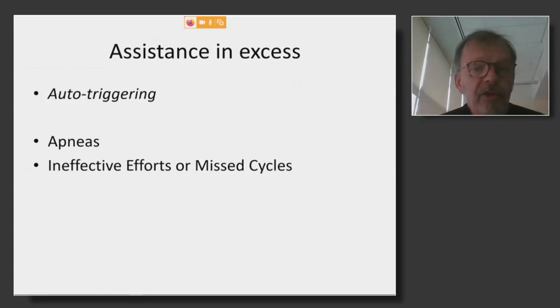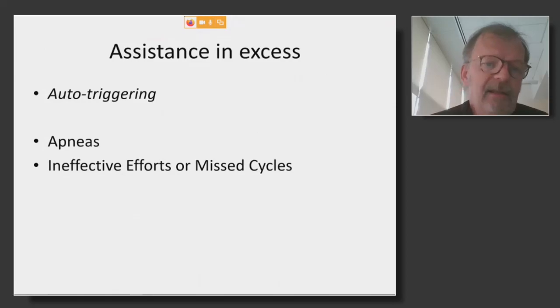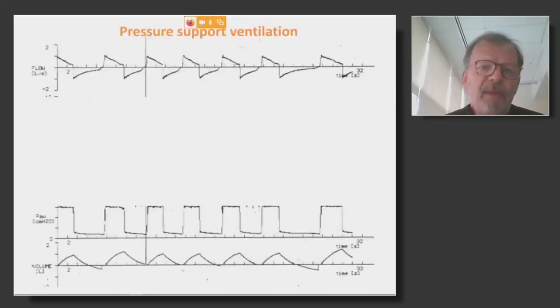Let's go into the dysynchrony created by excessive assistance, and I'm going to describe two: apnea and ineffective efforts. So this is the example of a patient who is receiving relatively large levels of pressure during pressure support ventilation.